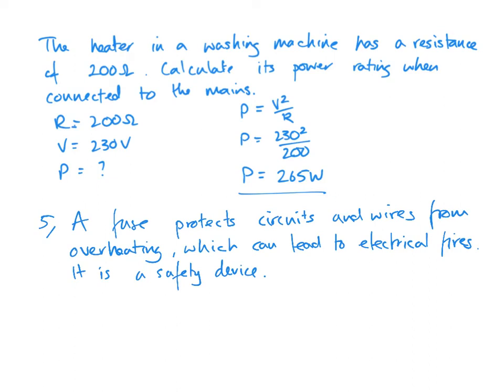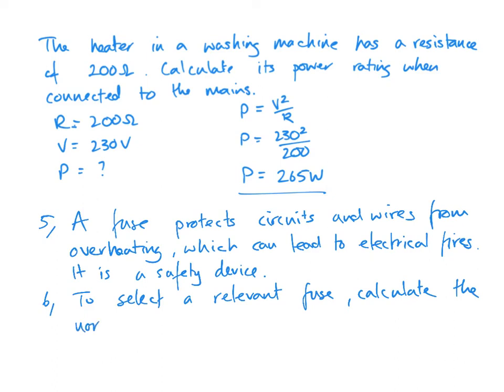And when you're picking a fuse, basically you then have to work out the normal current. Calculate the normal current in a device, and then you pick the next largest available.